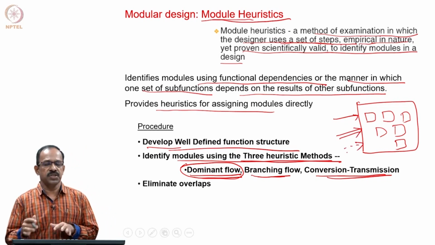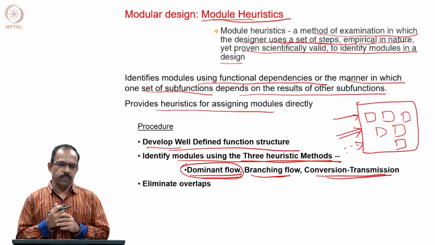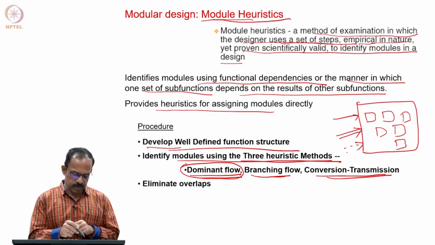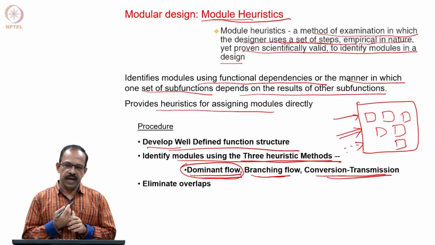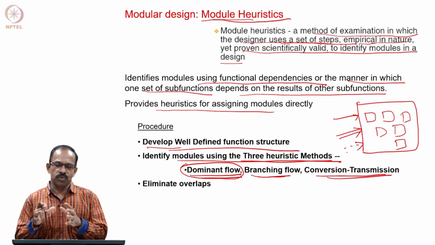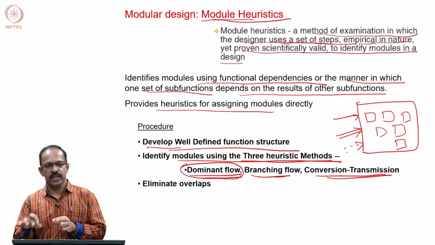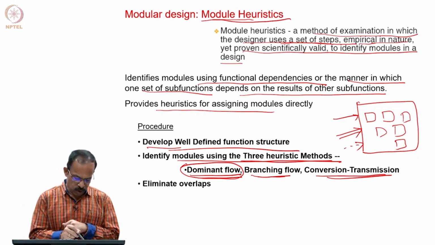We look at which one is the most dominant flow. In some cases there will be more than one, but we will try to identify all the dominant flows in this function structure, and then try to combine all those functions which are part of this, or connected with this flow, as a module. So, that is the way the dominant flow works.